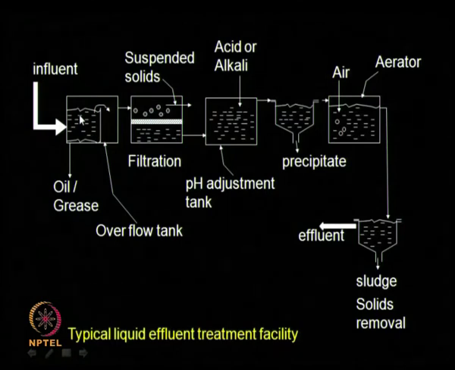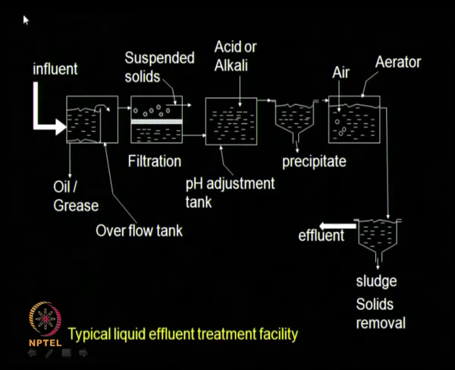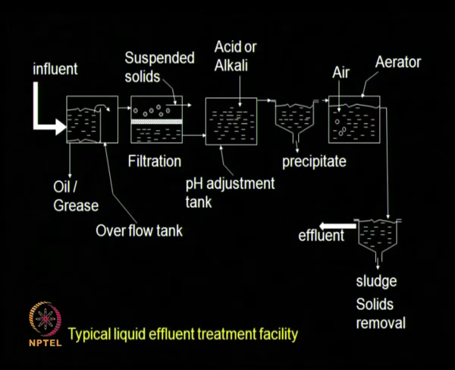The oils and grease may be in the form of an emulsion, so they may settle down here, and the overflow will be free from oils and grease. Continuously you may withdraw the oils and grease from the bottom. What is happening? The oil and grease will agglomerate, and because they are heavier, they will settle down here.